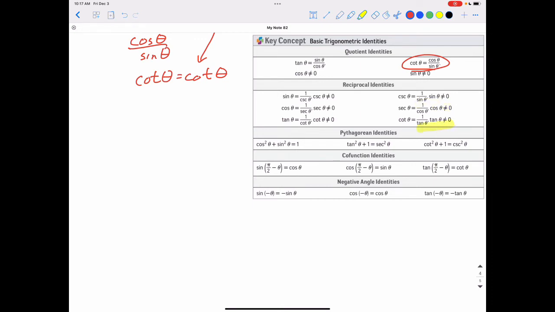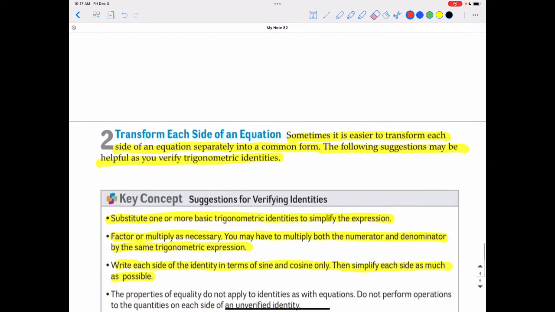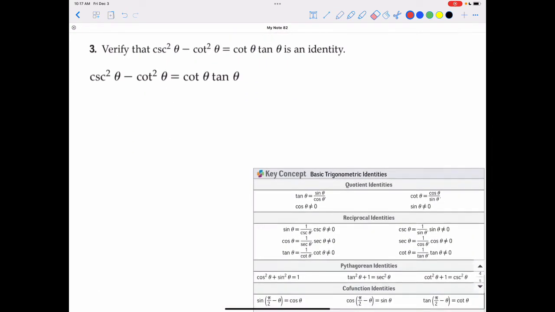You can see that right here. There's secant and there is cosecant actually right there. Pythagorean identities: even if you have tangent squared theta equals secant squared theta minus 1, later on you can change those in terms of sine and cosine. So trying to get as many things in terms of sine and cosine is really helpful.